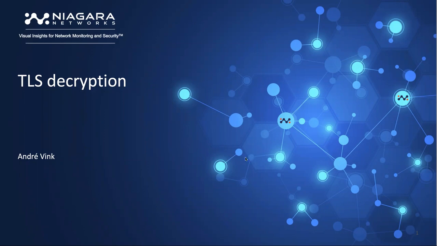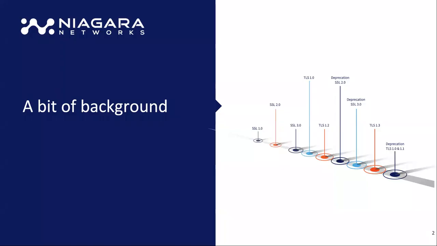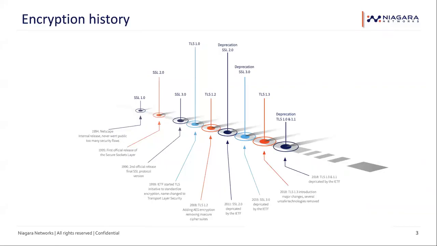So, just a little bit of background on SSL and TLS, because TLS and SSL already have a long existence. Back in 1994, Netscape, one of the first browser builders, started with encryption of traffic.